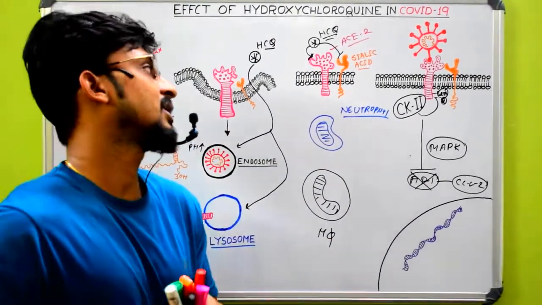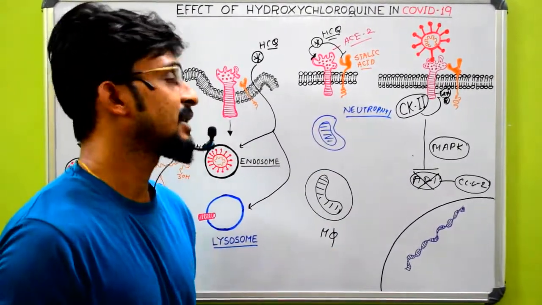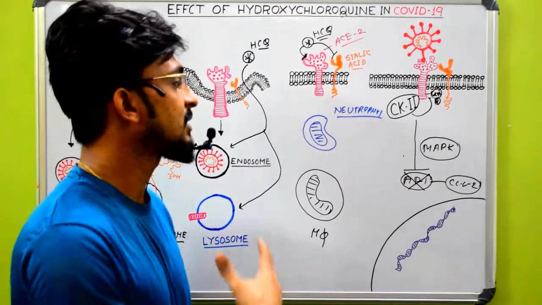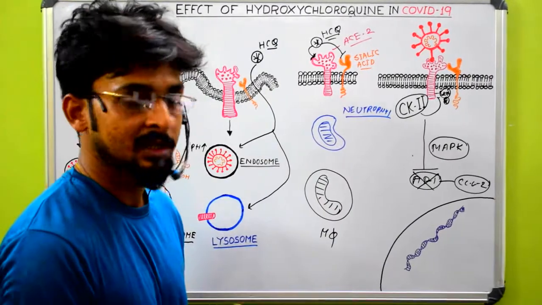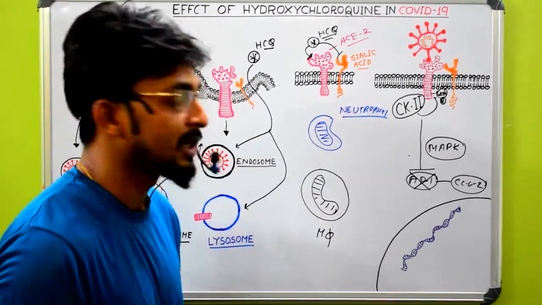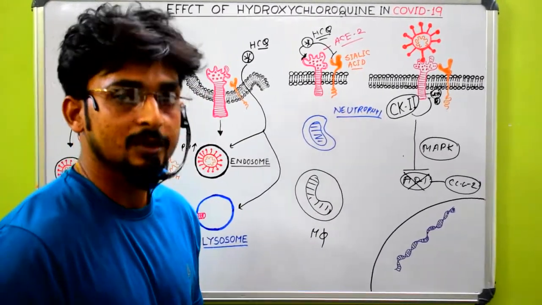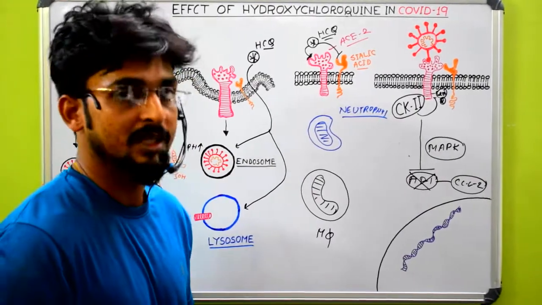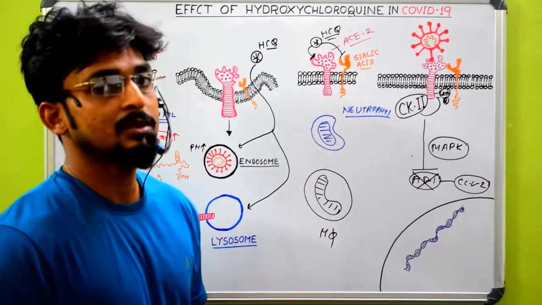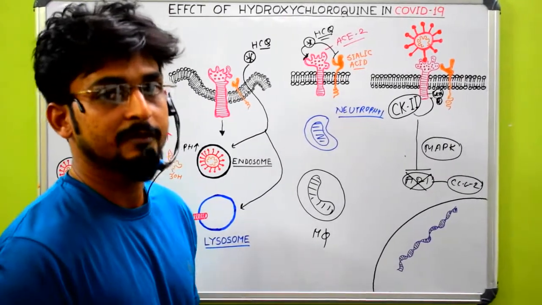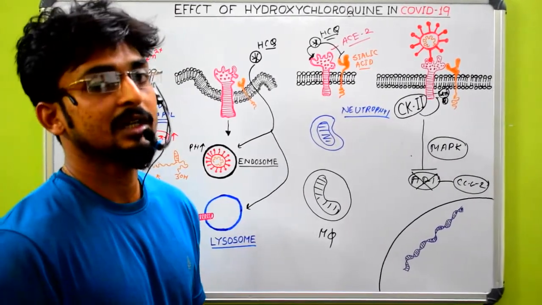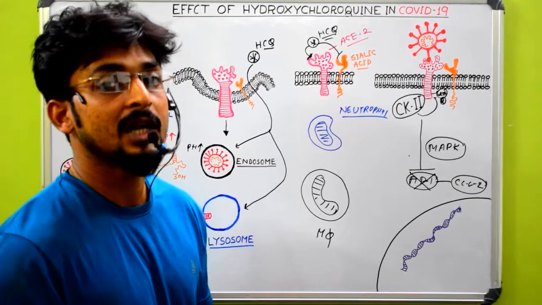And after the entry of this virus inside the type 2 pneumocyte cell, it triggers the immune cells to produce a huge number of cytokines, causing what is known as the cytokine storm. And the cytokine storm is nothing but the production of different kinds of chemical factors that actually cause vasodilation.